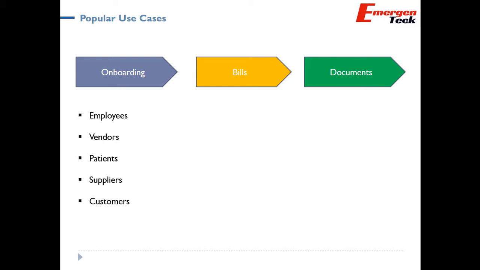Then supplier onboarding and customer onboarding. In customer onboarding, whatever the customer records are, and for passenger onboarding, passport details, Aadhaar card, PAN card, or bank details can be scanned quickly using OCR, and this process can be made very efficient and easy.